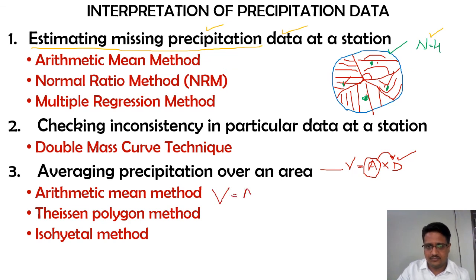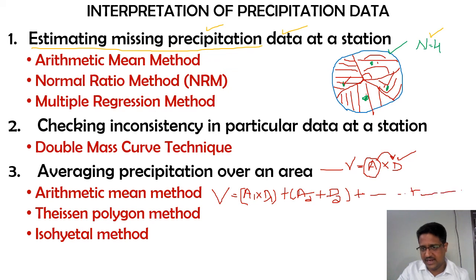It is A1 into D1 plus A2 into D2 plus A3 into D3 and A4 into D4.